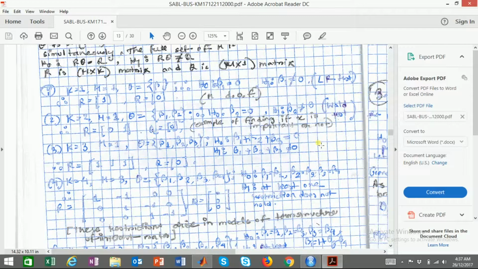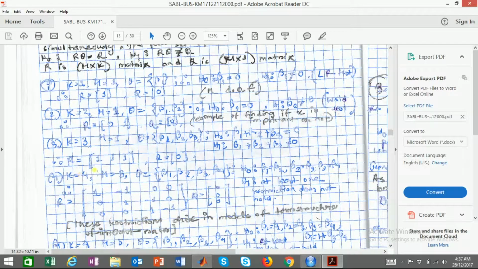Because we are testing for significance of all three parameters, we put R equals 1 for all of them. But again, because we're testing one linear hypothesis, we are jointly testing whether all of the parameters are 0 or all of the parameters are non-zero.